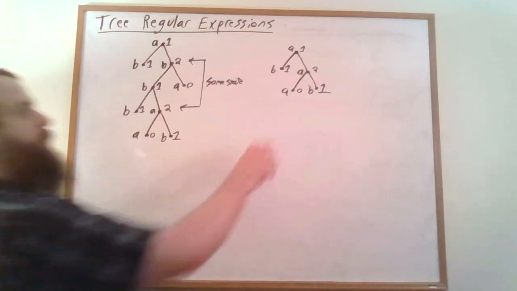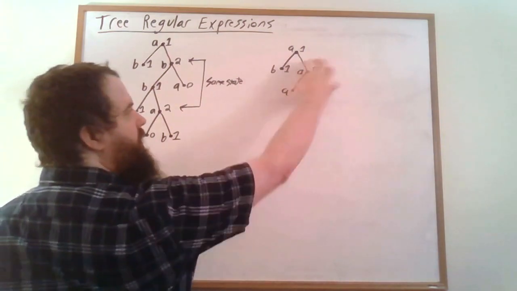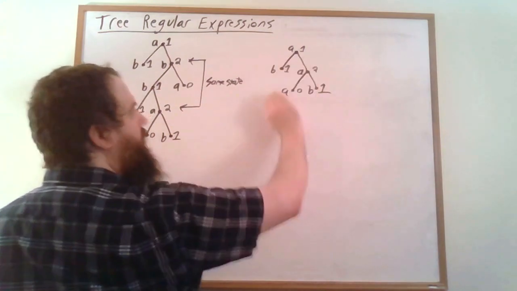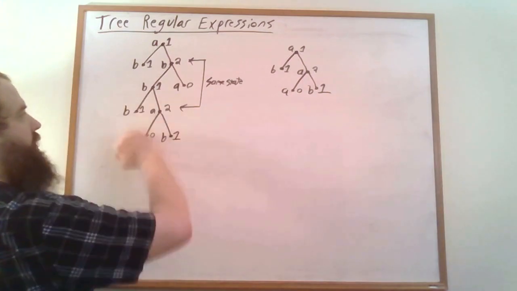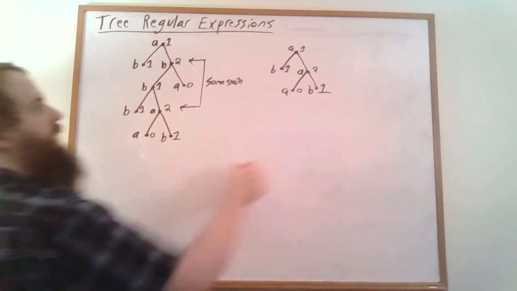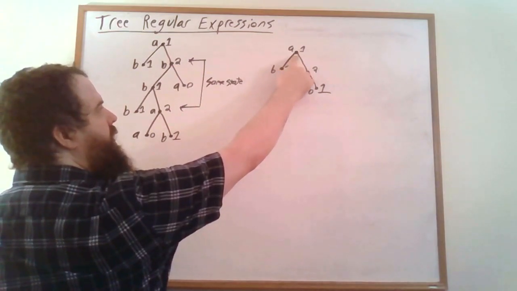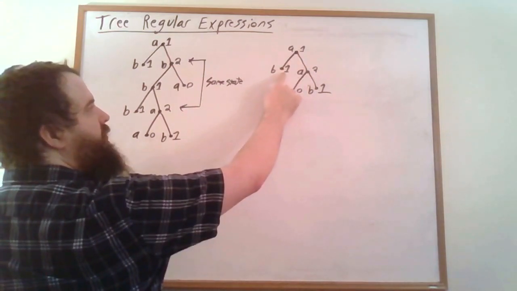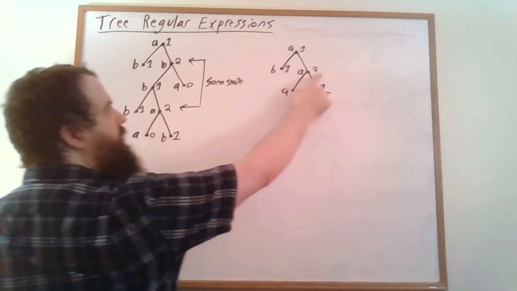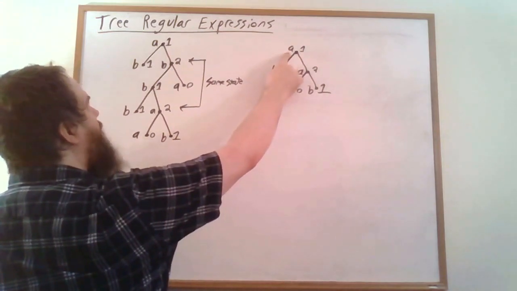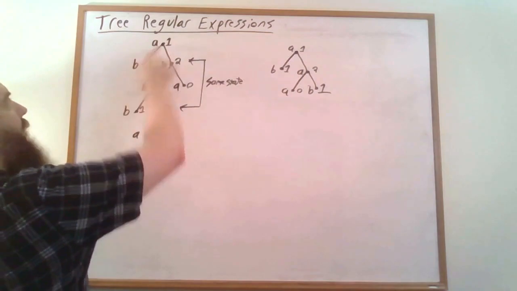Right? The operation of our deterministic automaton on this bit here is the same as the operation down here. And then to determine the state of this node here, we look at the fact that its children have states 1 and 2, and it has character A, and that's exactly what's happening here.